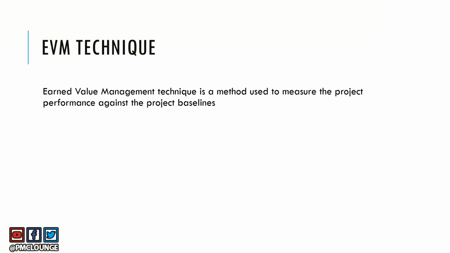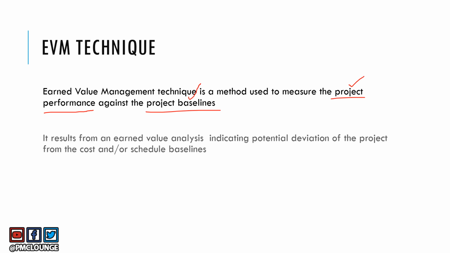So quickly, the EVM technique is basically a method which is used to measure the project performance against the project baselines. So you have the performance of the project, whatever is happening in real life, versus whatever you planned, whatever was baseline. And when we say baselines, we are talking about schedule, we are talking about cost.